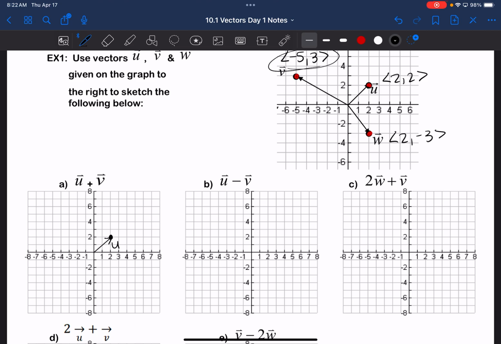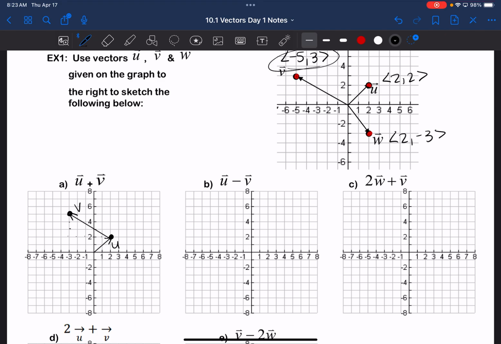So from where I just left off, I would count 1, 2, 3, 4, 5 places in the negative direction, and I would count up 3 places. So my vector v should end up here. Okay, so we can find this by graphing.